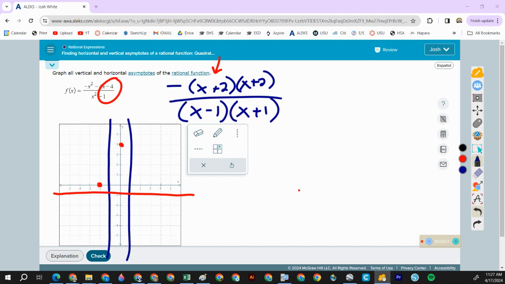So I have to have a bounce. Either it's going to bounce like that, or it's going to bounce like that. Which one is it going to be? It has to be the bottom one. Why? That's the only way to approach the HA, right? If I bounce here, there's no way to get back over there. There's no more root.